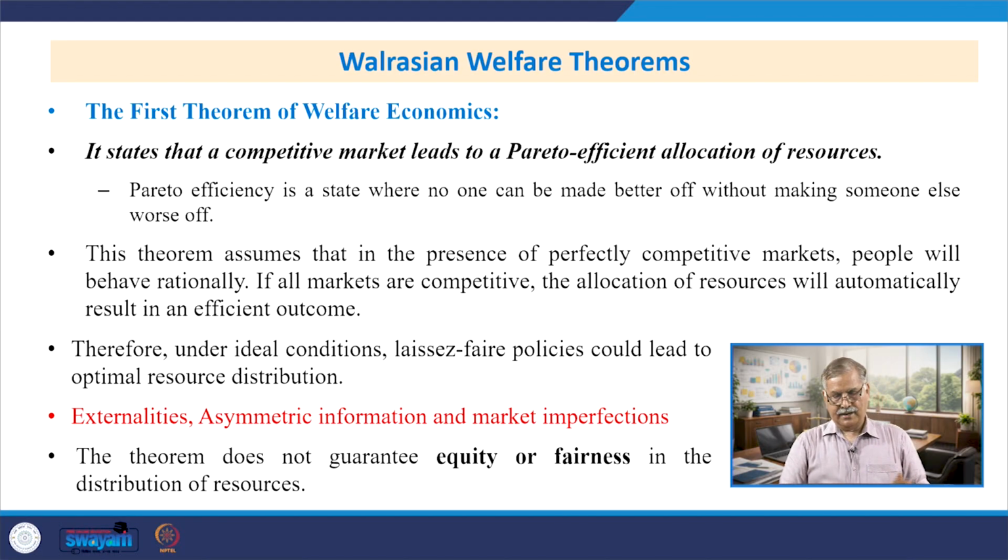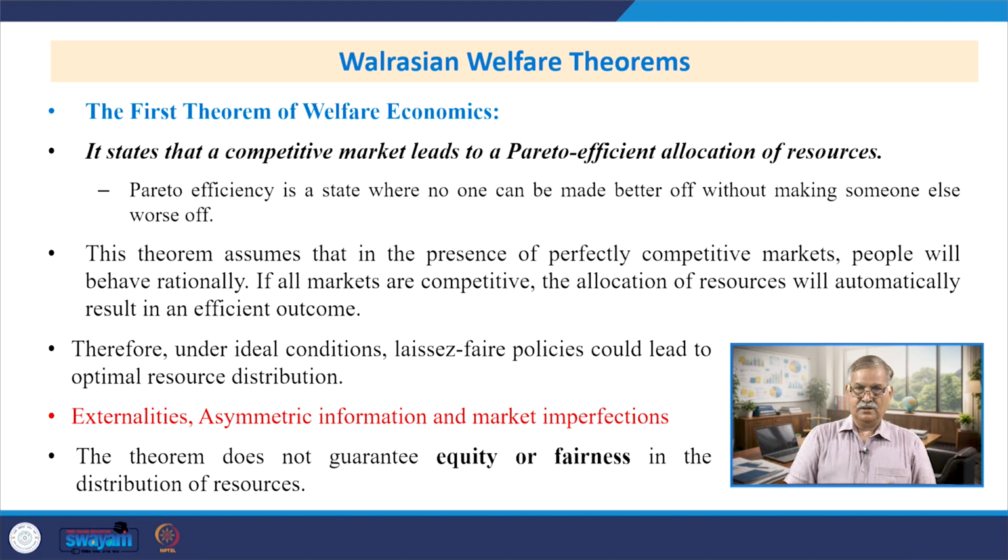But the problem here is that perfect competition or a competitive market rarely exists. There are three main problems associated with the market. One is externalities. Externality means unintentional harm or benefit received by a person not directly involved in the activity. Especially negative externality means that in the absence of effective regulation, private entrepreneurs will maximize their returns, ignoring the social cost of their production, especially the pollution generated by them.